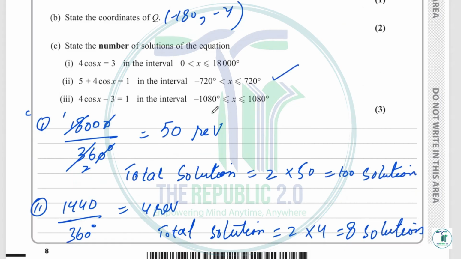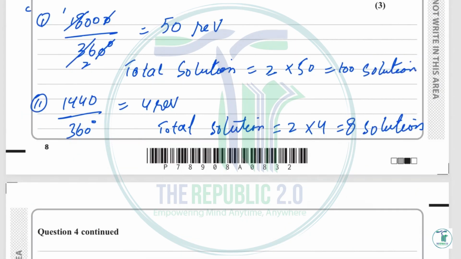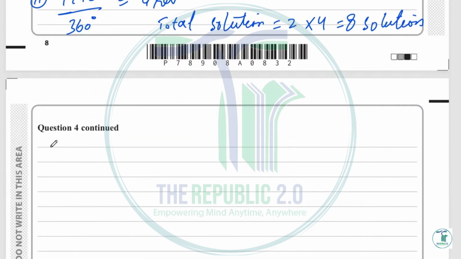Now similarly, if you look into this, minus 1080 to 1080, we just need to find out the number of revolutions we've got. So for the third part, 1080 plus 1080 has to be 2160, right? And how many revolutions do we get? Dividing by 360, it must be 6 revolutions.